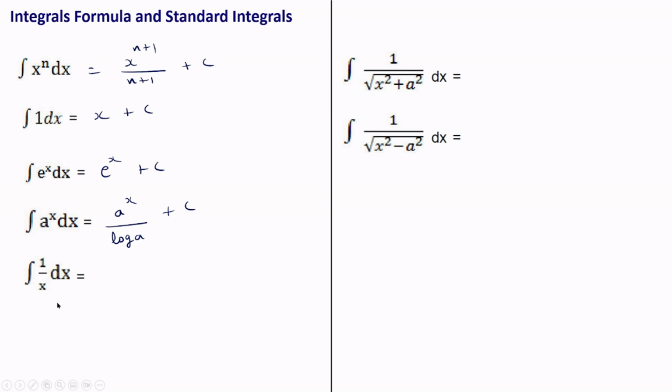Next we have integral 1 by x dx. It is log mod x plus c. And next we have integral 1 by root of x square plus a square dx. It is log mod x plus root of x square plus a square plus c.